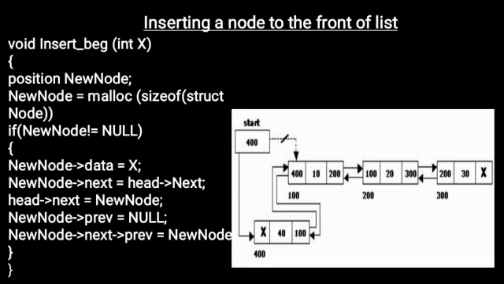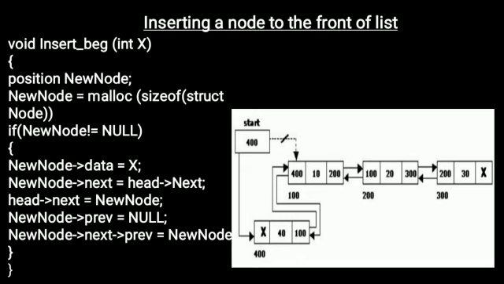First, we store the input, that is x value, to the data part of the new node. Next, we change the next of head node to the next of new node. Then we store the new node's address to the next of head node.